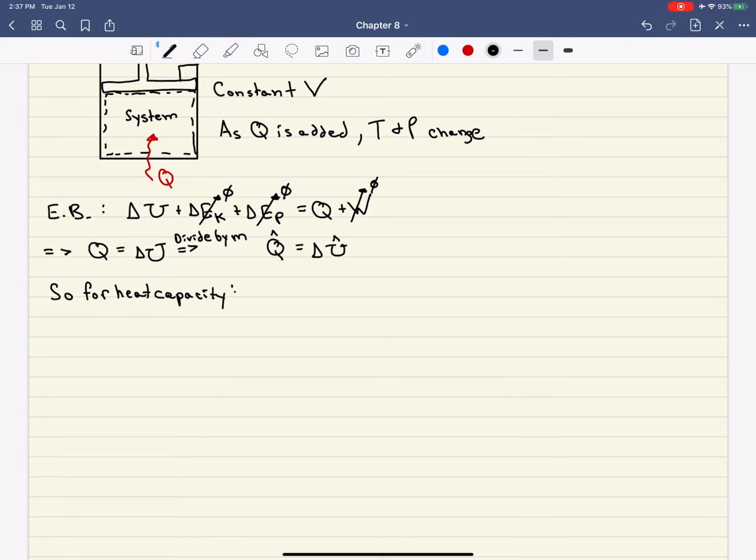So our heat capacity, C, and I'll put the subscript V here to show that it's constant volume. From its definition, we said it's equal to the specific heat divided by delta T, as delta T goes to 0. From our energy balance, we know that our specific heat is equal to the specific change in internal energy.